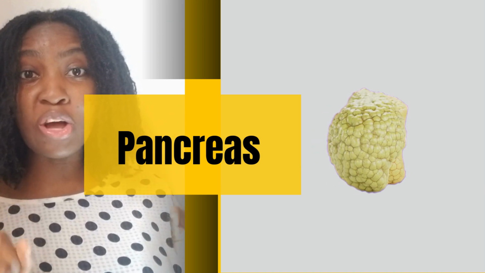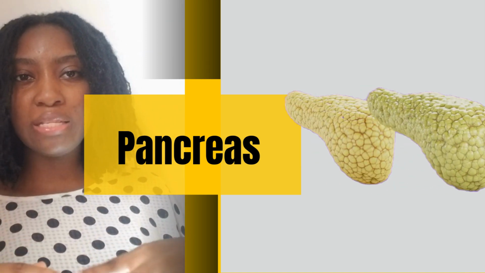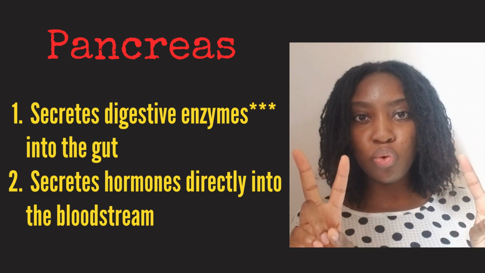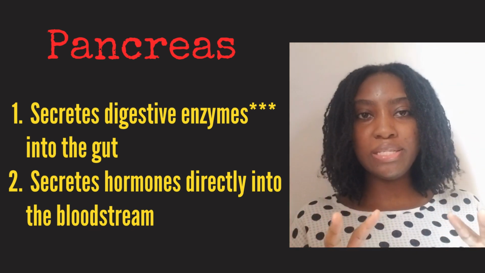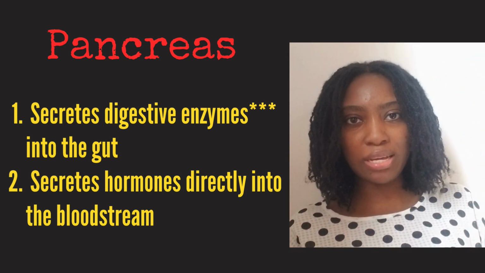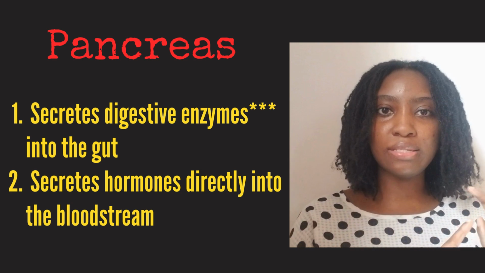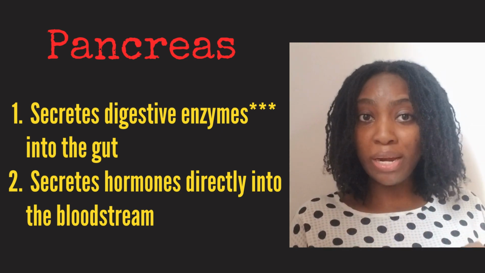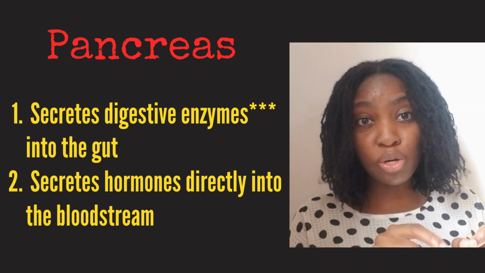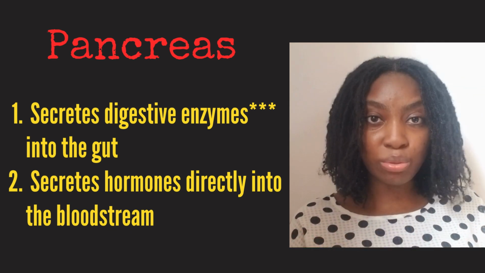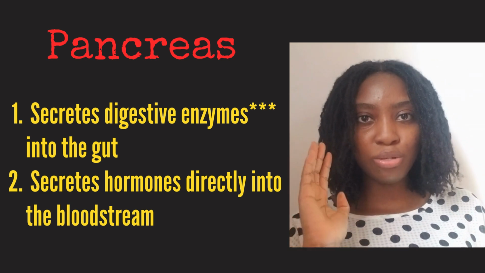Now the pancreas is an organ in the digestive system, and it functions as a gland which has two functions. It acts as an exocrine gland and also an endocrine gland. An exocrine gland meaning that it has a duct through which hormones are able to pass through, and also an endocrine function through which hormones don't necessarily have to pass through ducts, but they can be directly secreted into the bloodstream.